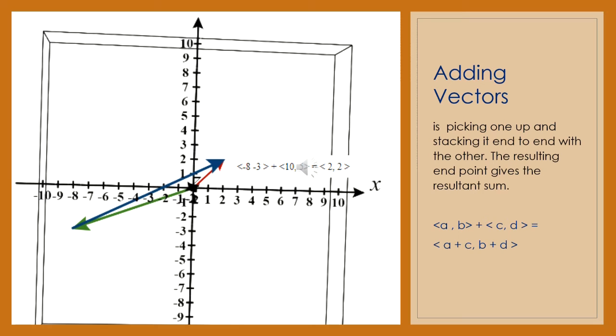It also literally is picking up a vector and stacking it at the terminal point of another, and where that vector now lies, having moved its initial point, is the answer to adding vectors.